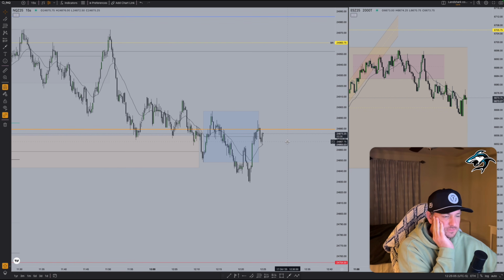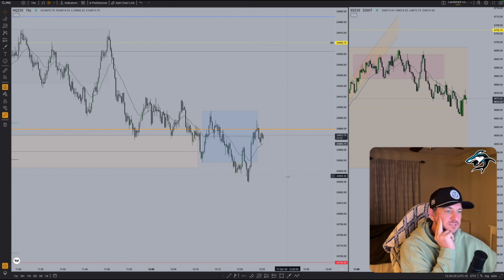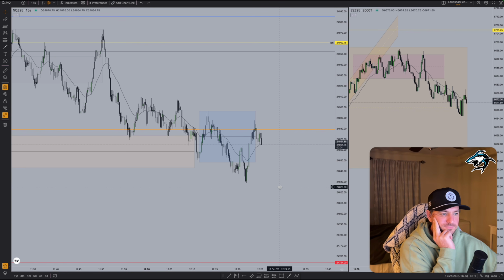All I'm trying to do is trade with the people that have just trapped the other side. If the sellers are trapped, I want to be with the buyers. If the buyers are trapped, I want to be with the sellers.